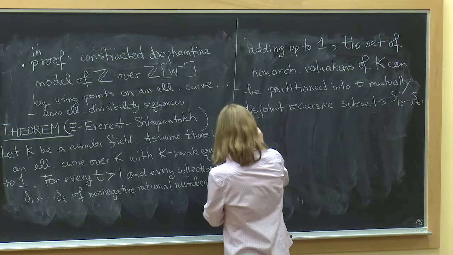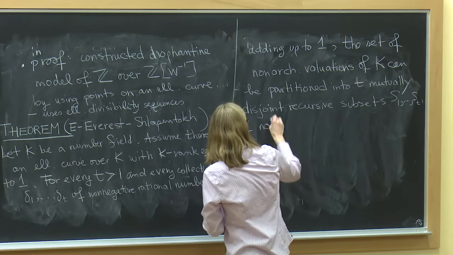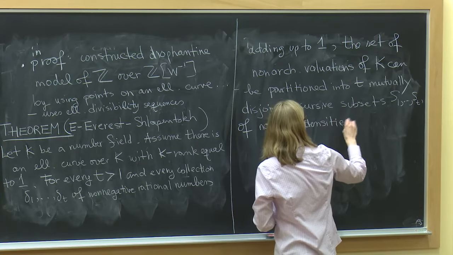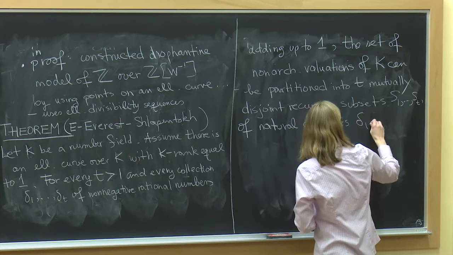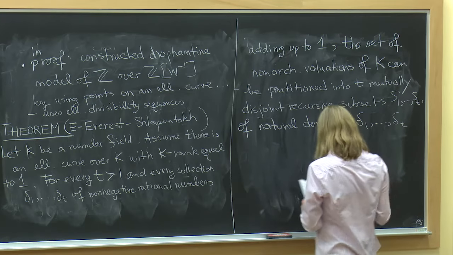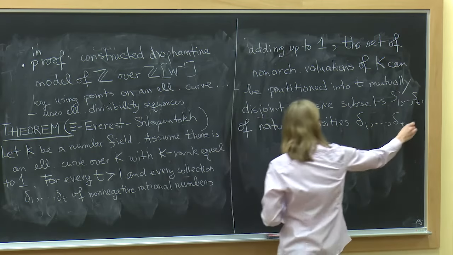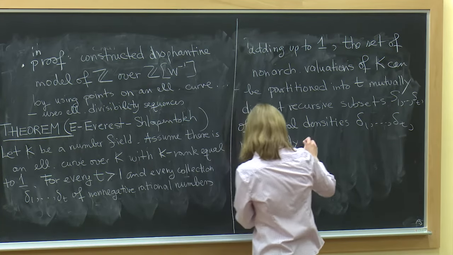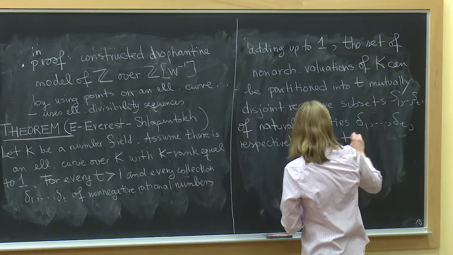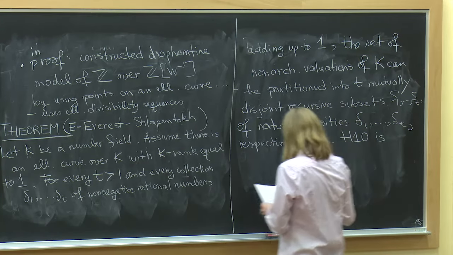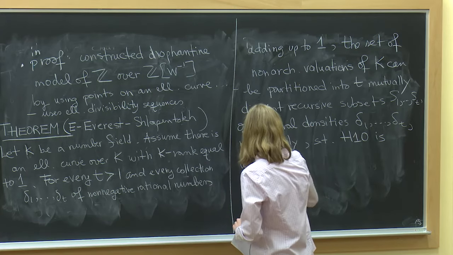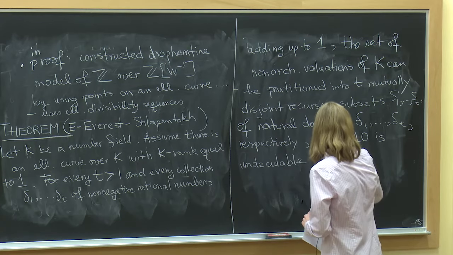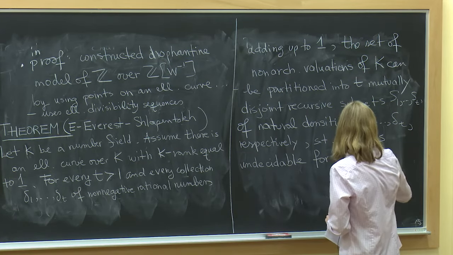And then I get that these sets have the prescribed natural densities, and for each associated ring I get undecidability, such that Hilbert's 10th problem is undecidable for each ring of S integers.